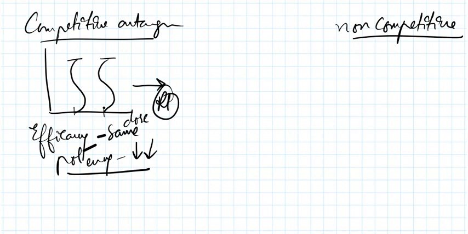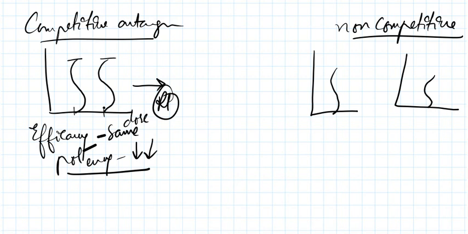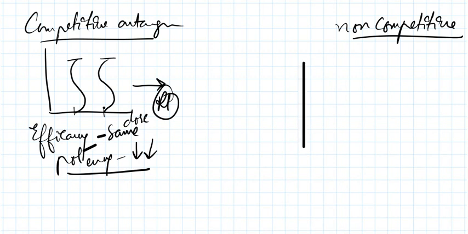But what happens in non-competitive antagonism? The potency remains the same, but the efficacy decreases. See, my drawing is very ugly, but I will draw it clearly.